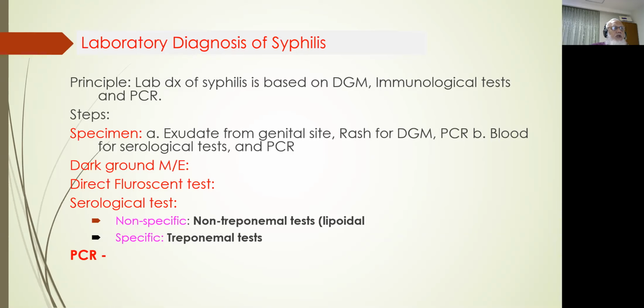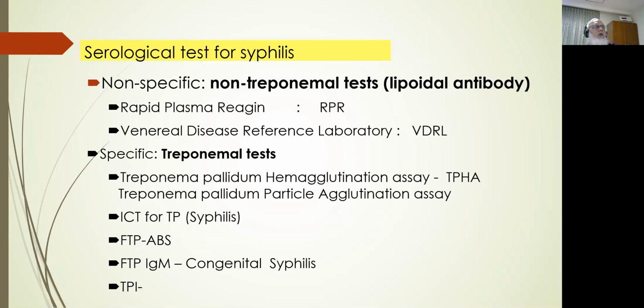Serological tests, there are 2 types, non-treponemal and treponemal. Serological tests are practically done for diagnosis of syphilis. Non-specific tests include non-treponemal tests, rapid plasma reagin and venereal disease research laboratory test.